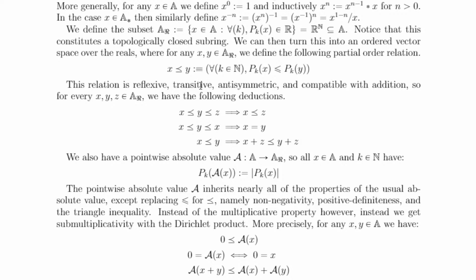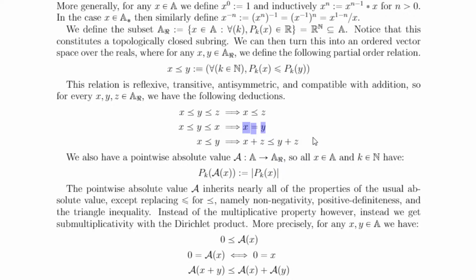As for the other ones, transitive means that if x precedes y and y precedes z, then x also precedes z. This is very useful. It's antisymmetric, so what that means is that if x precedes y and y also precedes x, then x and y are equal. That's this one right here. Antisymmetric means we don't have any symmetrical pairs.